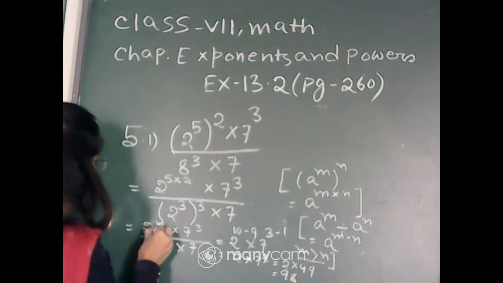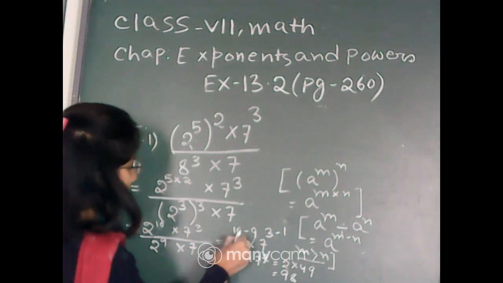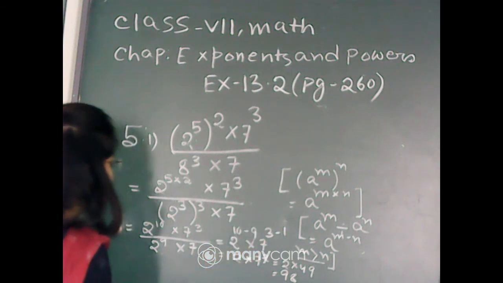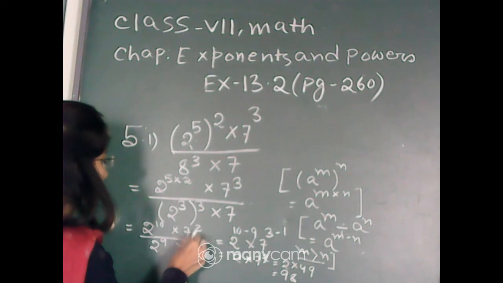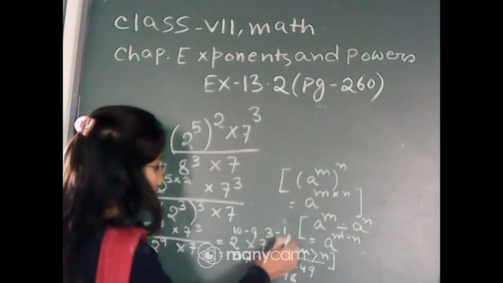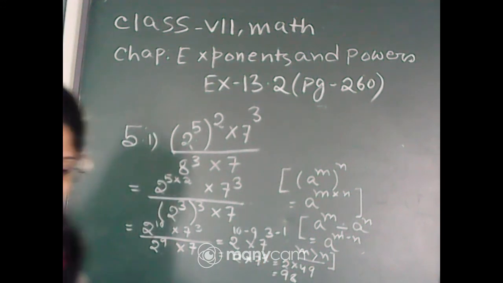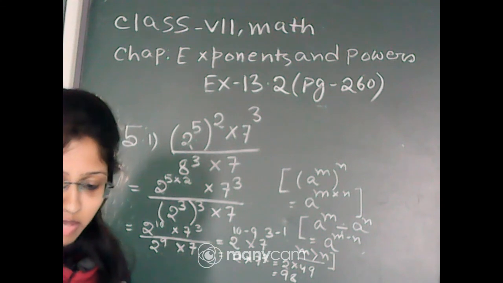So, 2 to the power 10 divided by 2 to the power 9 is equal to 2 to the power 10 minus 9, into 7 cube divided by 7 is equal to 7 to the power 3 minus 1. So, the final answer is 98. Clear? Up to this portion, any problem?